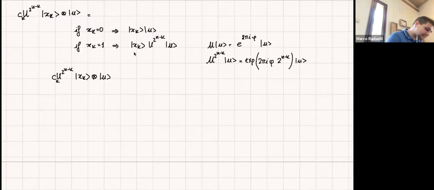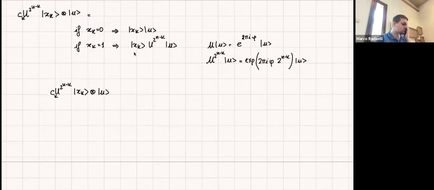Now, since nothing happens when x_k is equal to 0, what happens here is that we get exp(2πiφ x_k 2^(n-k)).